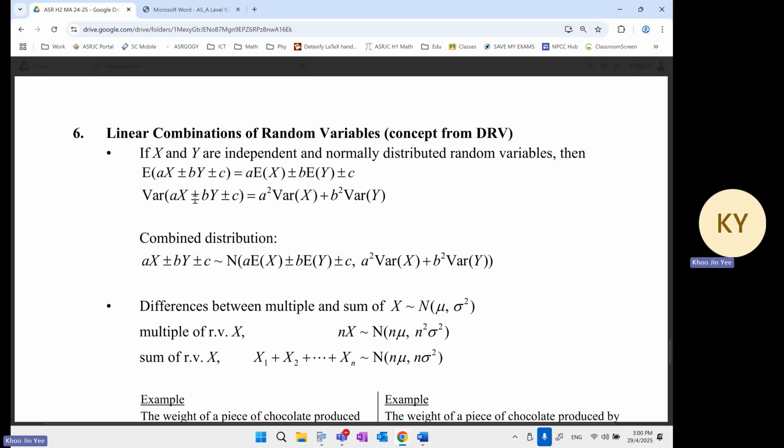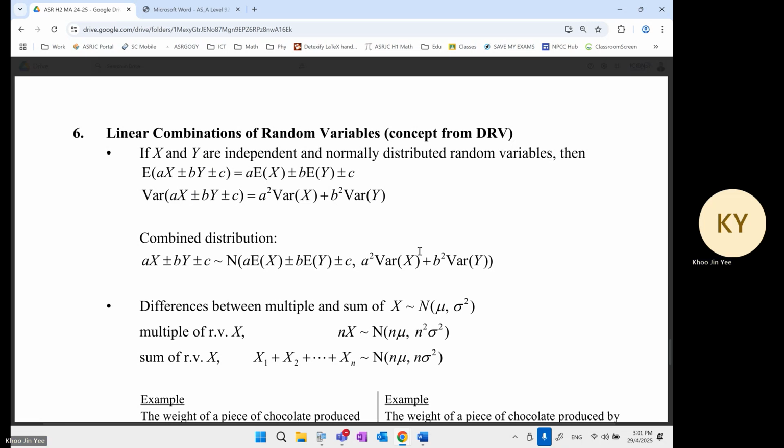Likewise for B, whether it is positive or negative, when you square, it becomes a positive B squared. And the variance of a constant number is 0. So it will just be A squared variance X plus B squared variance Y. That's all. So just be very careful. When you're doing the calculation, you can calculate the expectation and variance separately, or you can combine all the calculation into this step over here. So this is the first thing that you need to take note for this part.